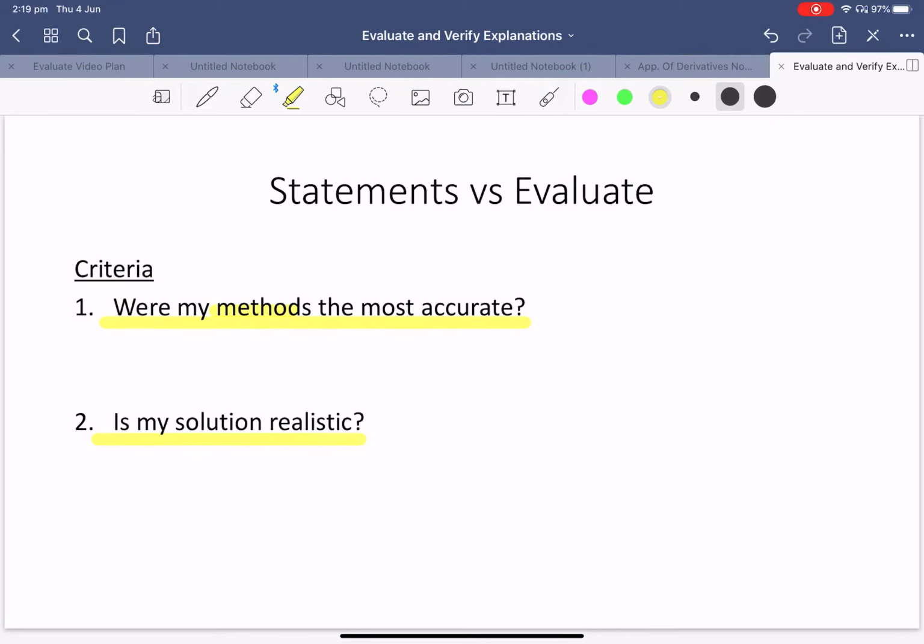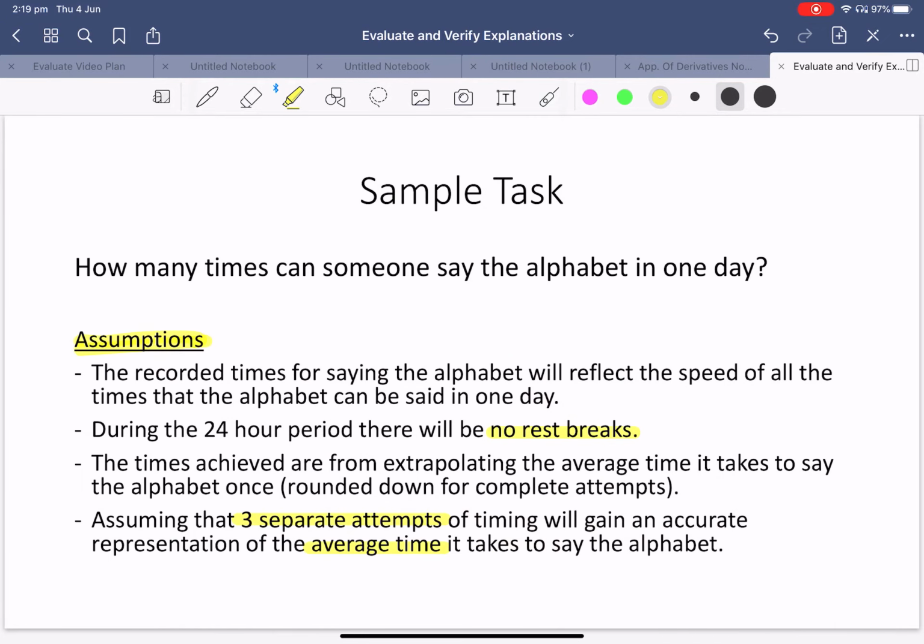Also, I would say my solution being realistic. Yes, I mentioned that here with no rest breaks. I don't think that's very realistic. And there's a problem with the realism there around 3 separate attempts being what it would be like across hundreds, maybe thousands of attempts across a 24-hour period.